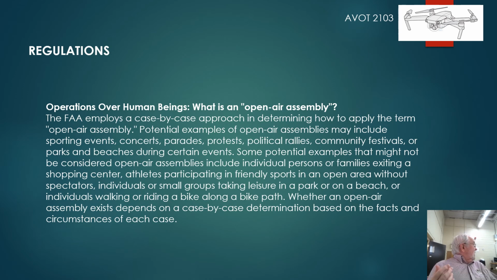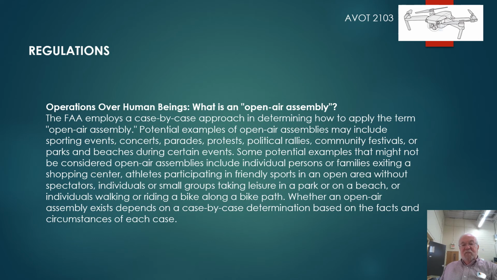So this implies, to me, that if you're being annoying, oh man, we've talked about this before. If you're using your drone to annoy people, they're going to contact the FAA and report you. I don't blame them. Don't be annoying. And then this issue will come up.